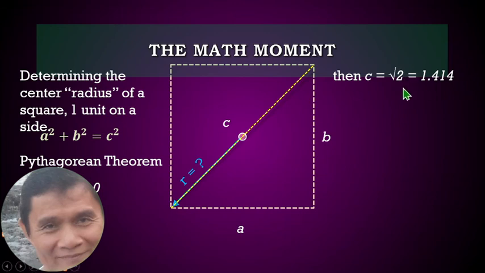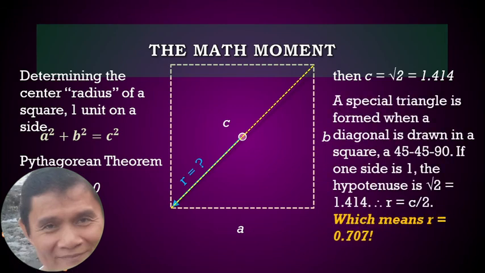Plus or minus actually, but there's no negative distance in this case. So, we use 1.414, being the square root of 2. Another way is that you have to memorize this one. You need to memorize some given values in science and mathematics. Usually a special triangle is formed when a diagonal is drawn.